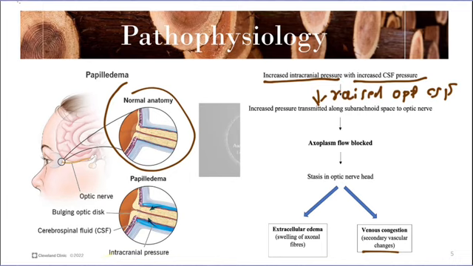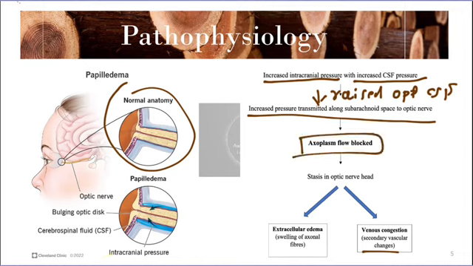This pressure is transmitted to optic nerve tissue, which will lead to stasis in axoplasm, which will lead to papilledema and secondary vascular changes due to venous congestion.